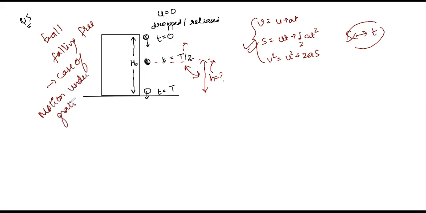And for such cases, this morning we had discussed that we take v is equal to final velocity, u is equal to initial velocity, s is displacement, a is acceleration, correct? So v, u, a, s. Remember, s is displacement. How far has the ball displaced, right?